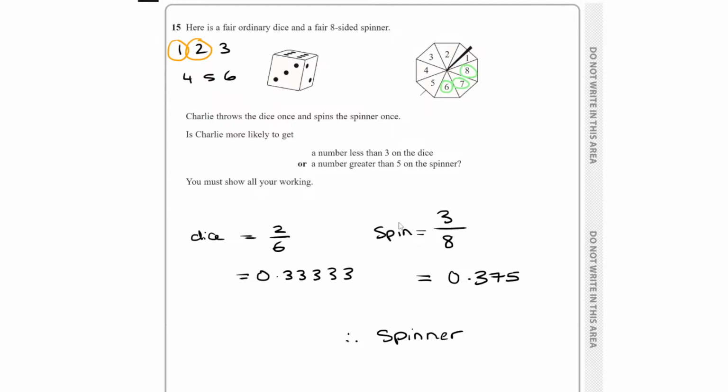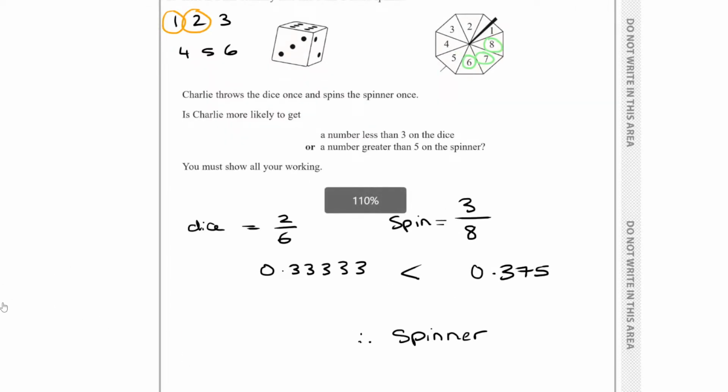You could convert them both to percentages. They have given the option to convert them to ratios. I don't know why you would do that, to be fair, but you could if you wanted. So there's loads of ways to do it, as long as you've made a direct comparison. Do you see how I've compared the decimals? This one is obviously bigger than 0.3 recurring, so the spinner is more likely to happen.